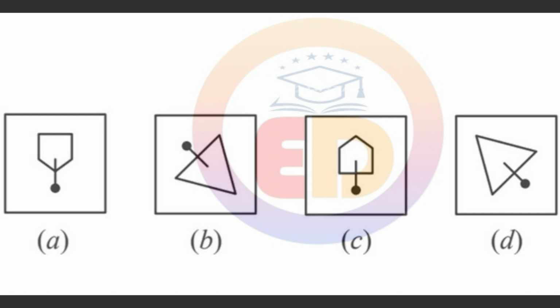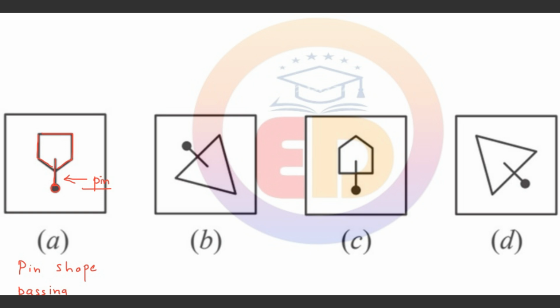In this question, in the first figure, they have given us a pentagon. Attached to the pentagon is a pin-shaped shape. And this pin-shaped shape is passing through the vertex of the pentagon or the polygon.